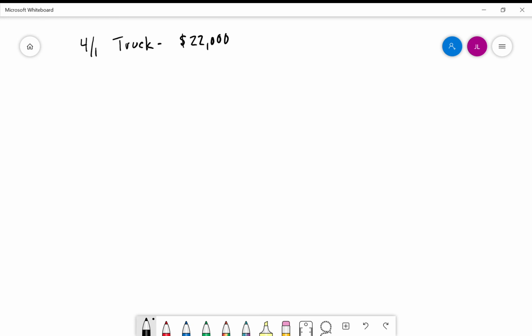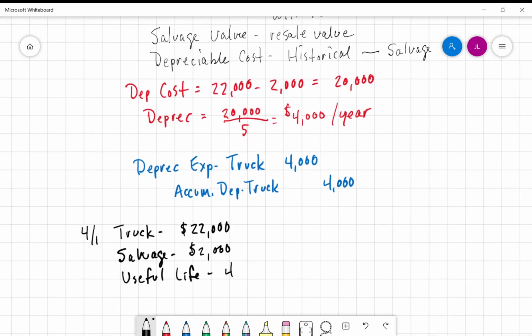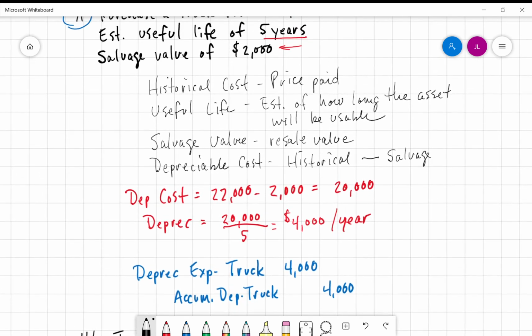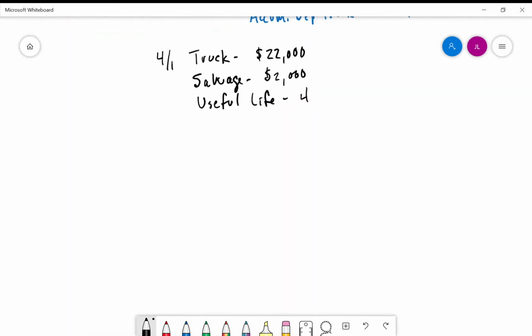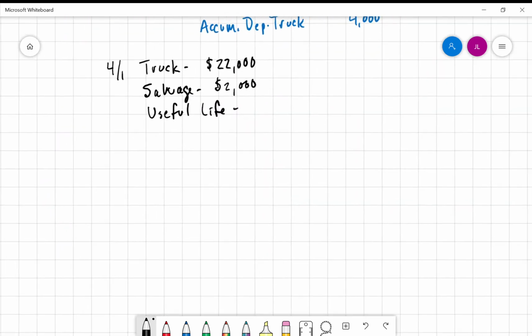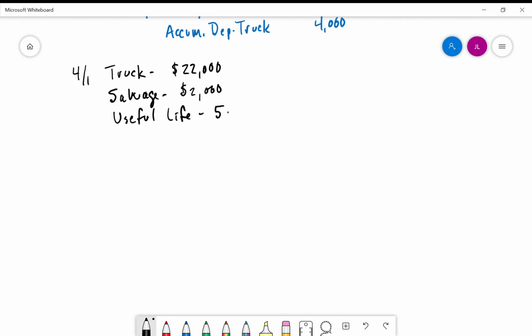We still estimate salvage at $2,000, and a useful life of, was it 4 or was it 5? 5 years. Okay, change that. A useful life of 5 years.